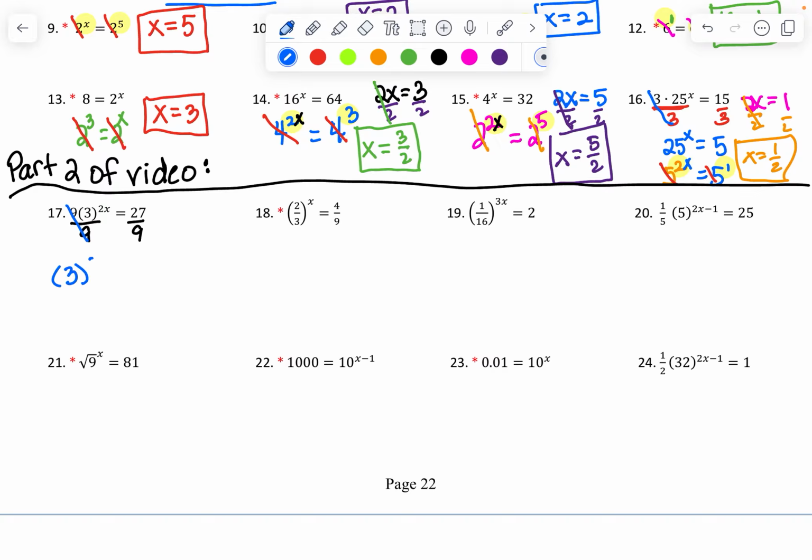So the way I'm going to write that so it makes more sense is I have 2/3 to the 2 power, squared equals 2/3 to the x power. So I can cancel those common bases. What you see left is x equals 2, and that is my final answer.